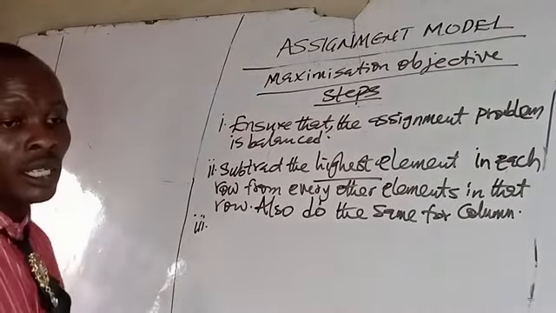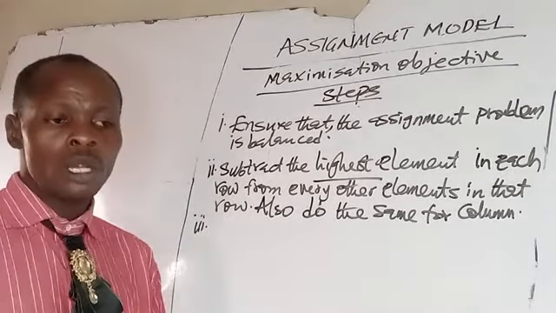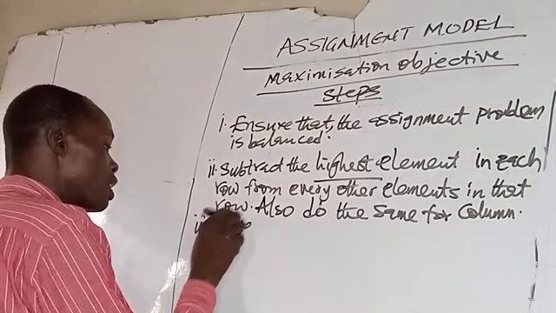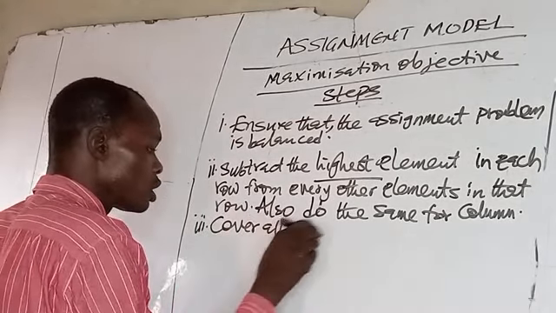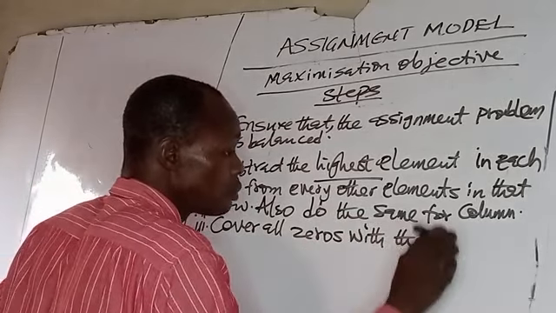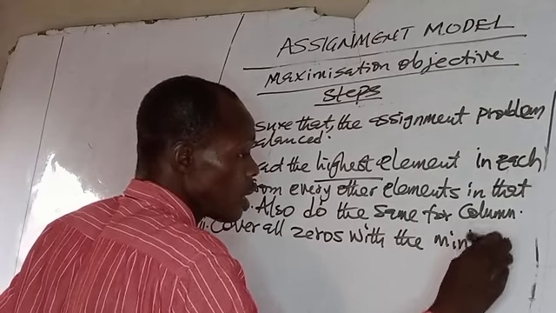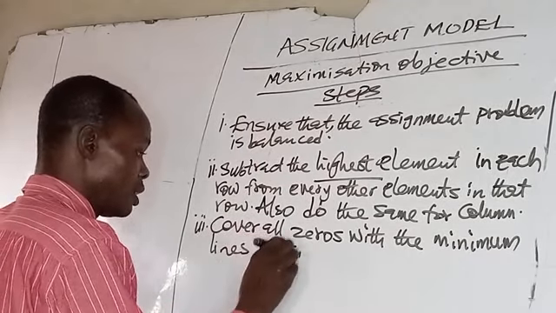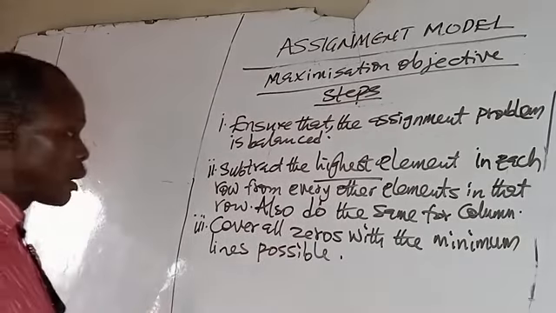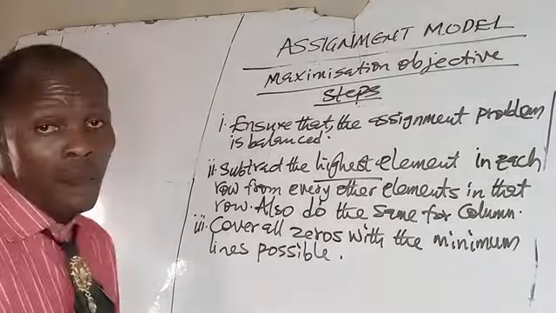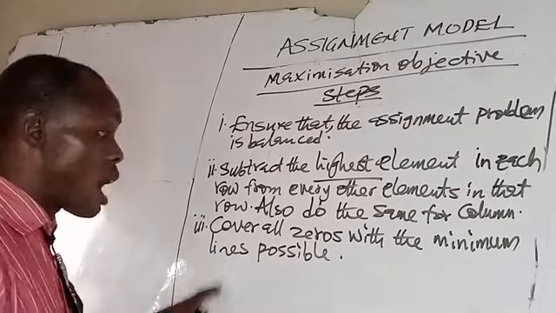Step 3. Cover all zeros with the minimum lines possible. If you want to cover zeros with minimum lines, you start from where you have more zeros. You cover them either vertically or horizontally where you have more zeros.